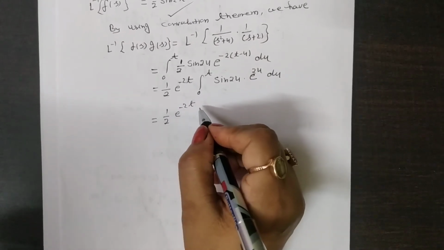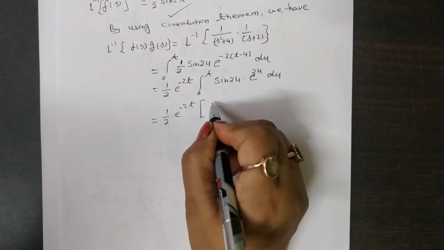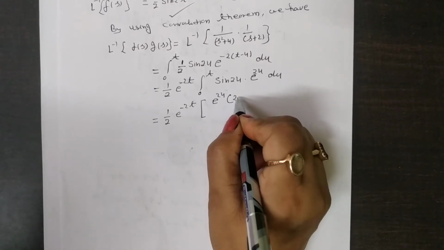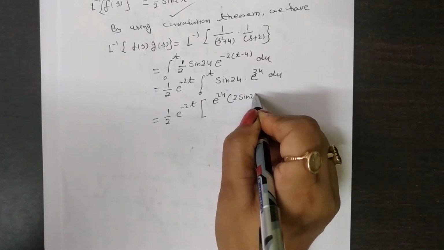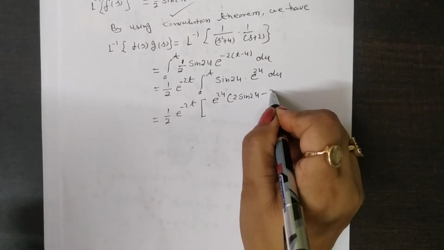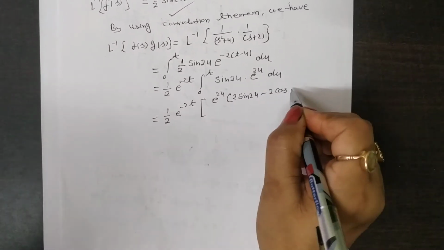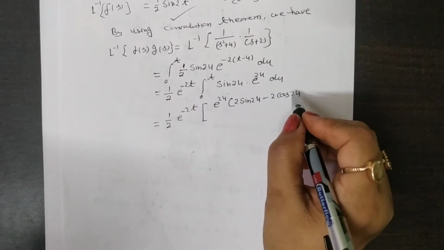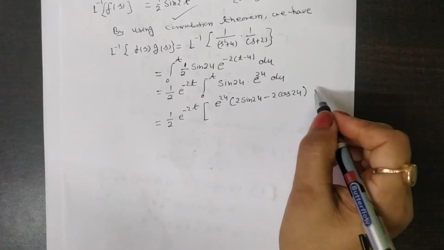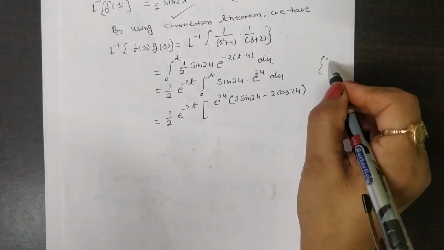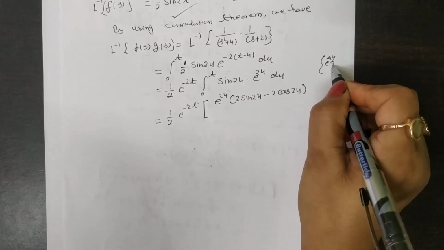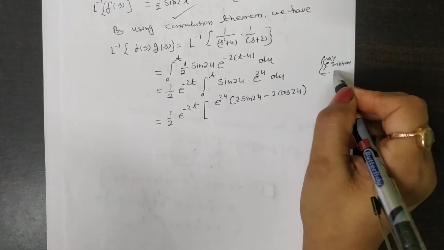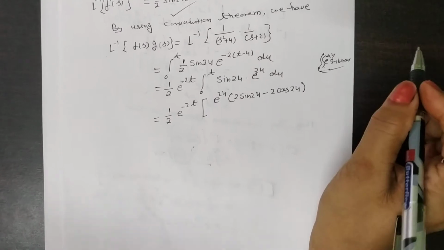e to the power 2u times (2 sine 2u minus 2 cos 2u). You know this property in formula form, the integral of e to the power ax sine bx dx, from any limit.